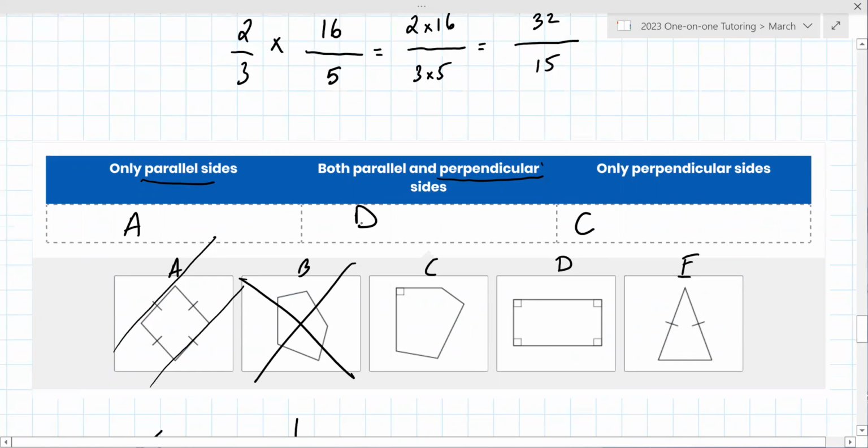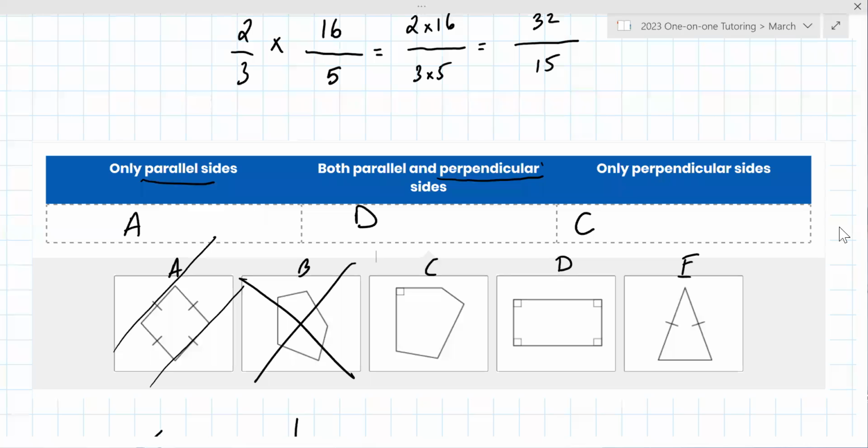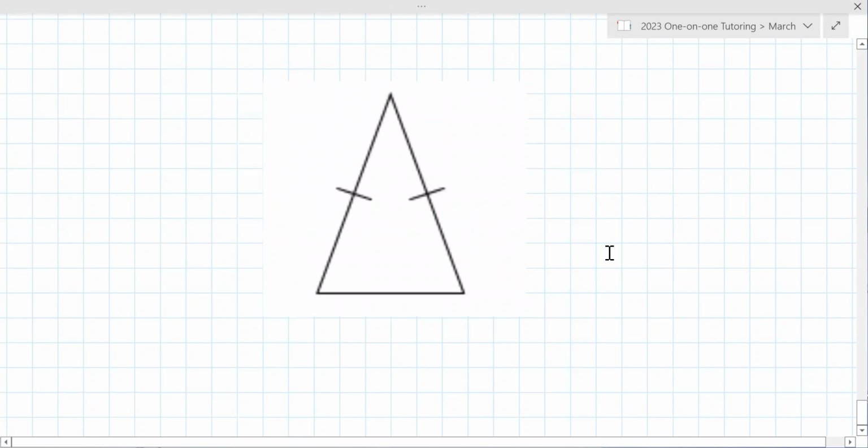Okay. So let's look at our last one there. It's a triangle on the right. All right. Are there any parallel sides? Are there any sides that never intersect here when you draw them out?